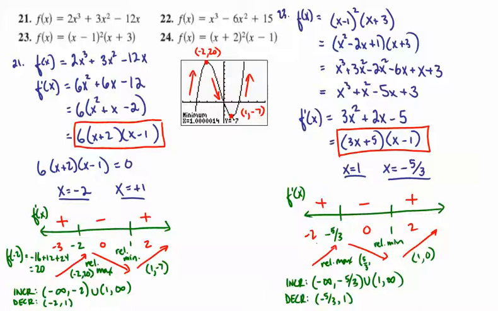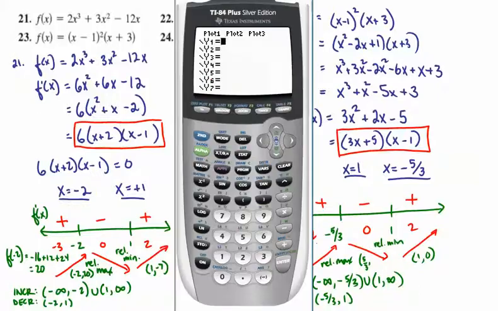Now, if you wanted to use your graphing calculator at this point to get the actual coordinates, I have no problem with that. Let's bring that up. So we put in our function (x minus 1) quantity squared times (x plus 3), and we zoom standard and get something like this.